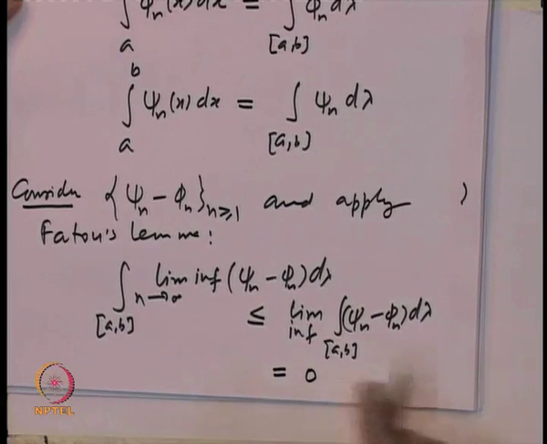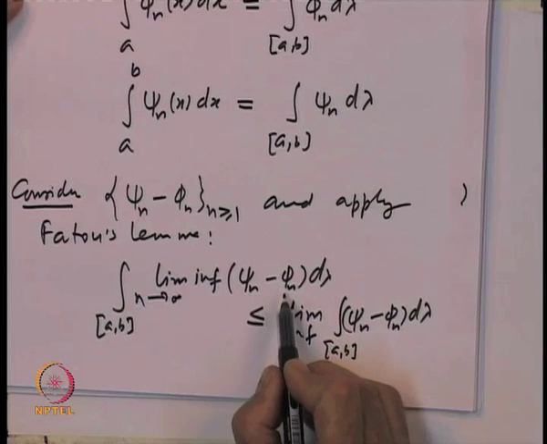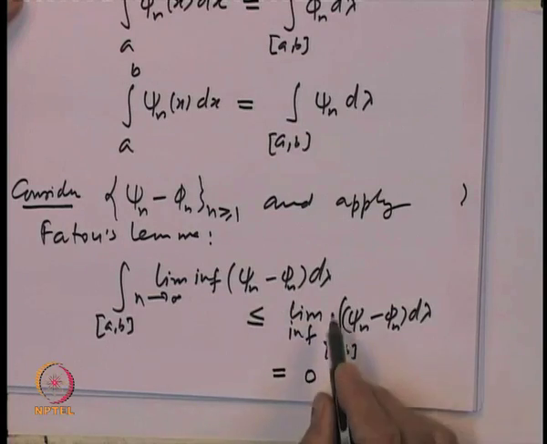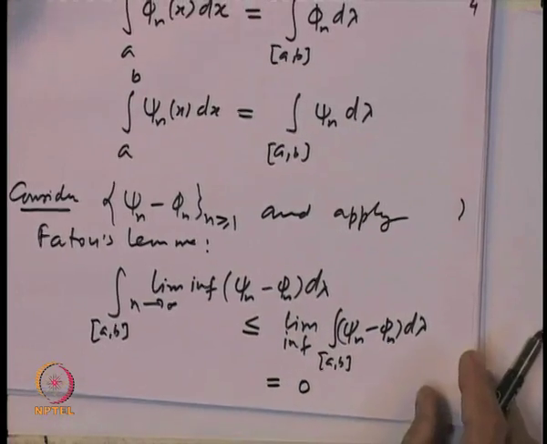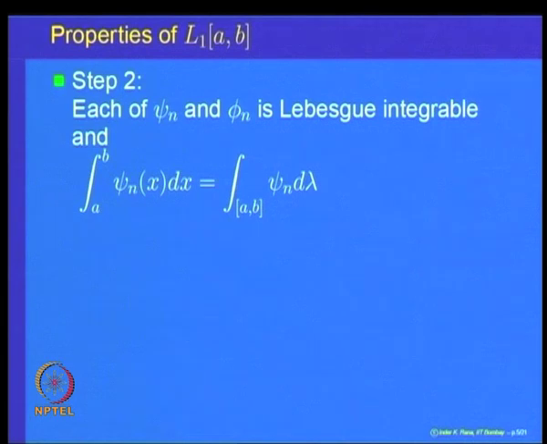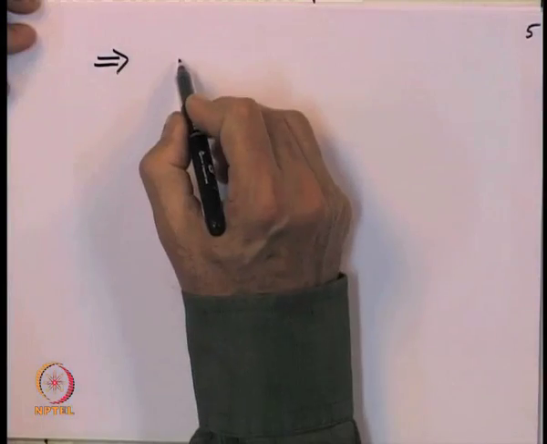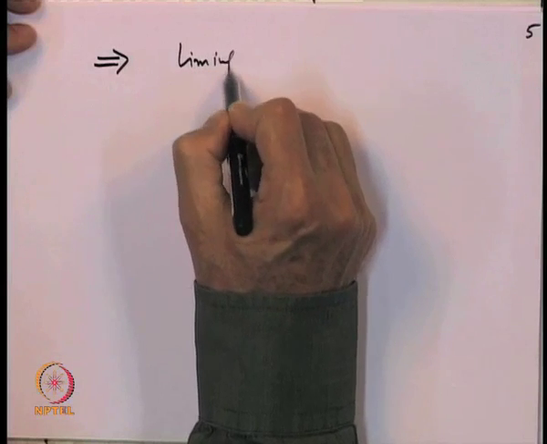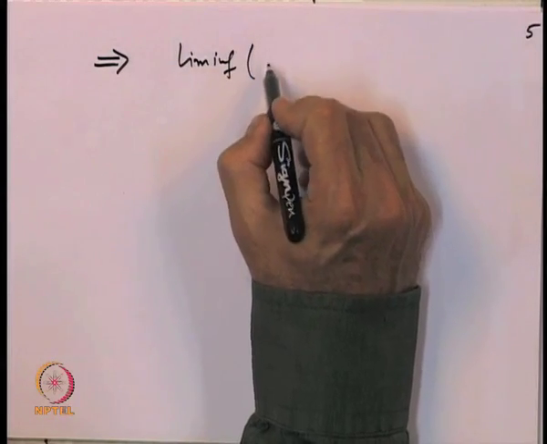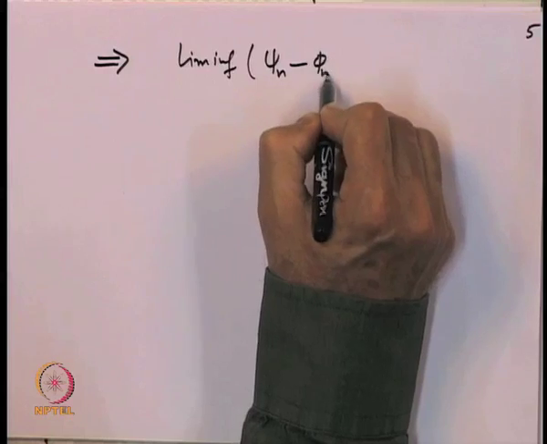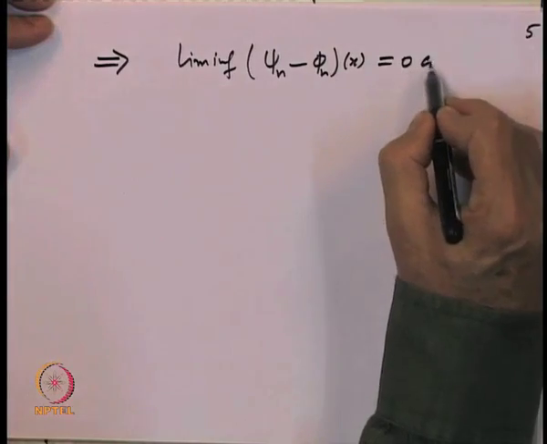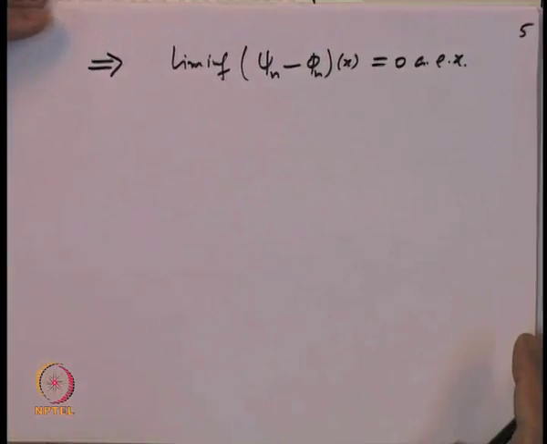So, that means that the limit inferior of psi n minus phi n is a non-negative function, and its Lebesgue integral is equal to 0. We know that implies that the function must be 0 almost everywhere. So, the limit inferior of the sequence psi n minus phi n x must be equal to 0 almost everywhere x.